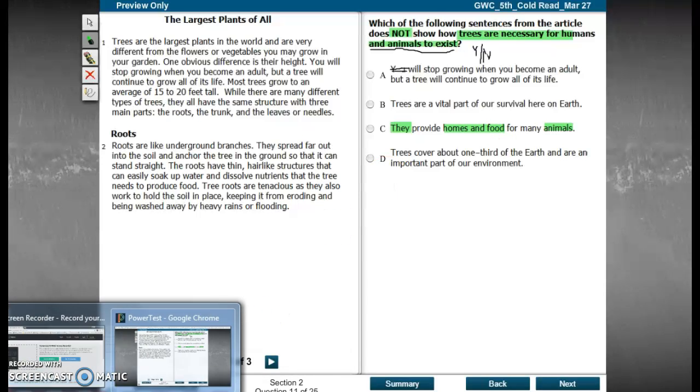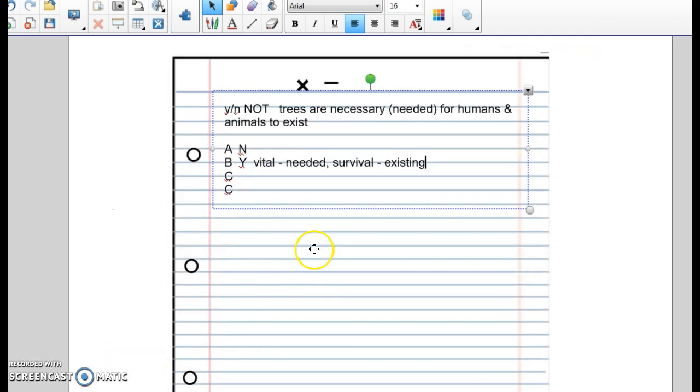So I'm guessing that one is going to be another yes. We need, they equals the trees. We need homes and food to exist. And then looky here, I do this every time.